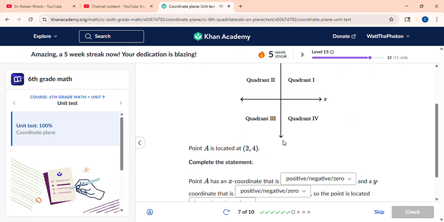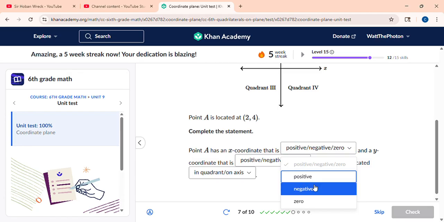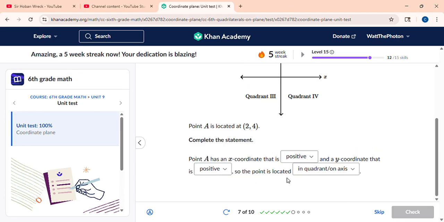Where is point A? Point A is 2, 4, so the y coordinate says positive.